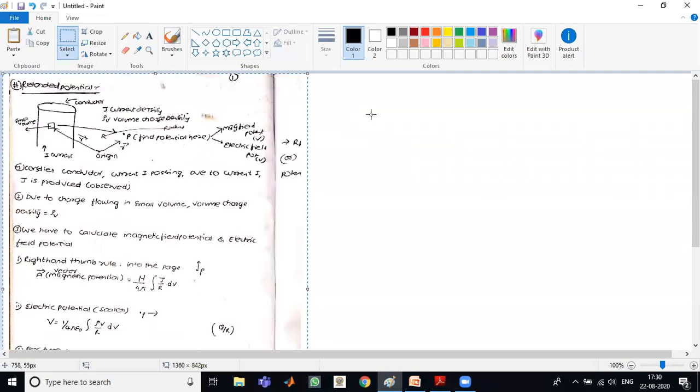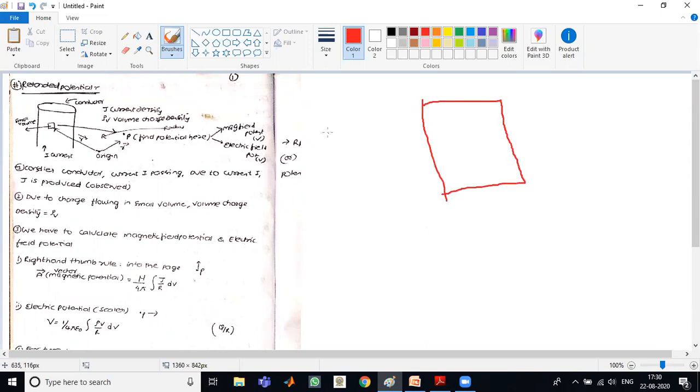This is a very simple concept. First, you consider a conductor. Okay. Now, you pass current to it, and you consider a small element here in the conductor.